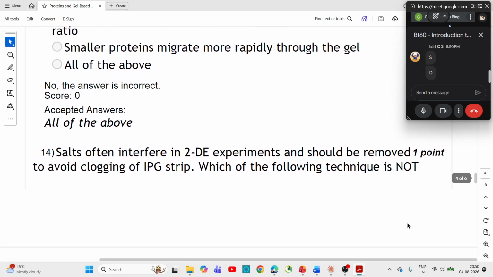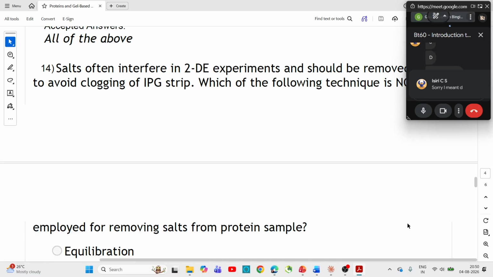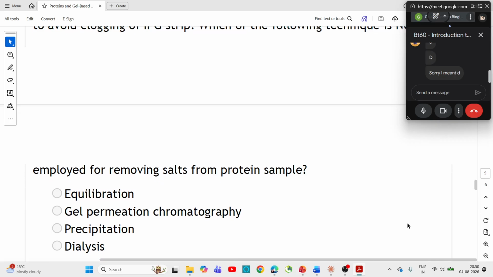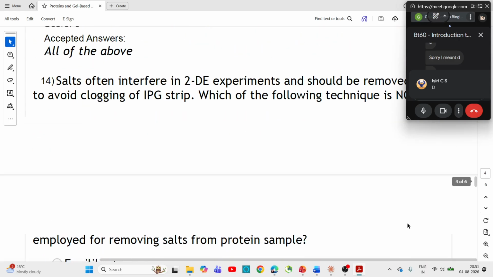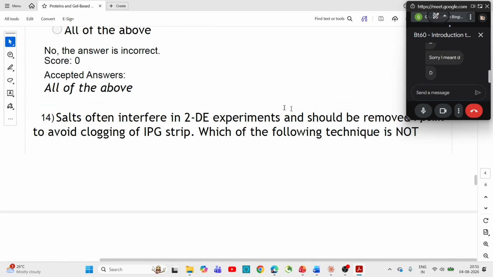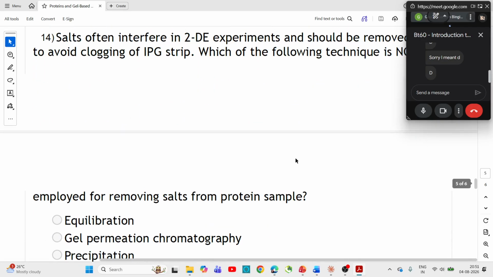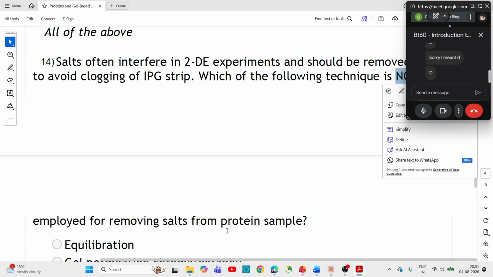Salts often interfere. How can they be removed? Equilibration, gel permeation, precipitation. Which of the following techniques is not employed for removing salts?